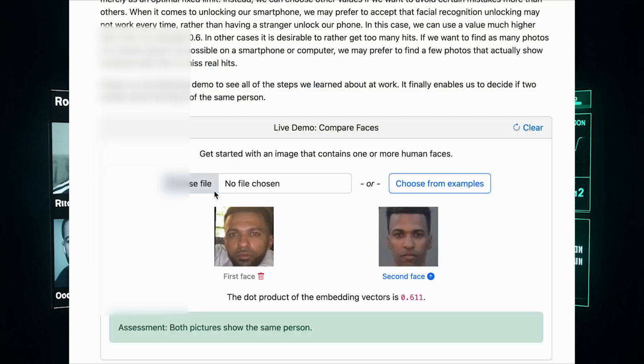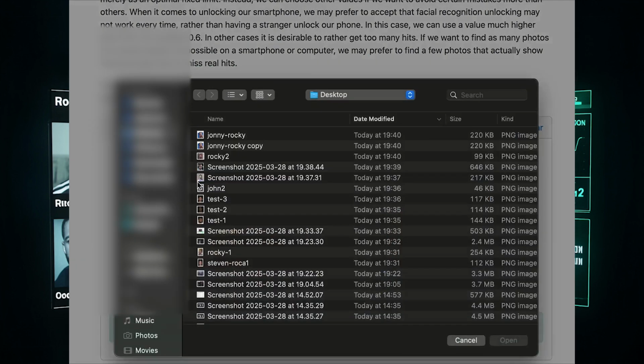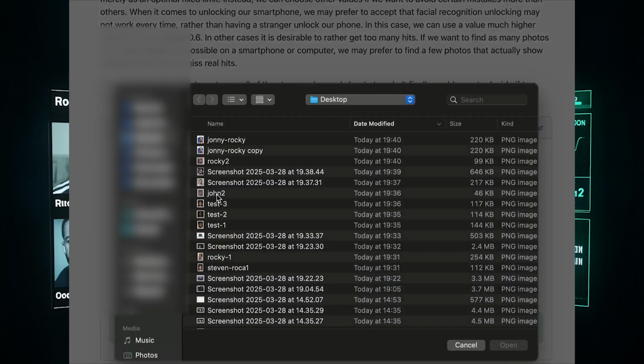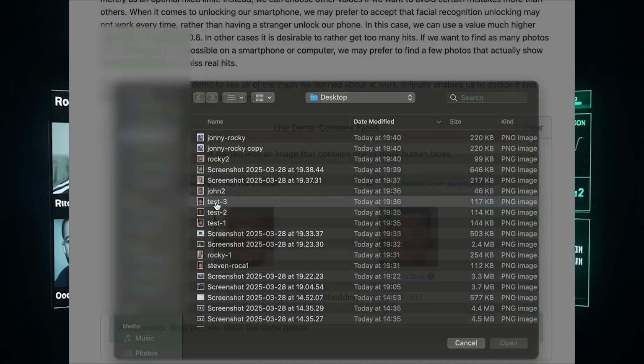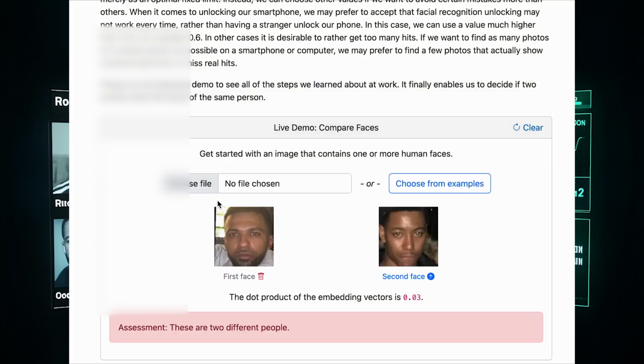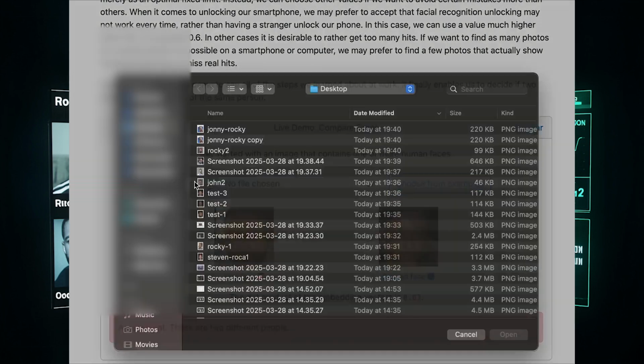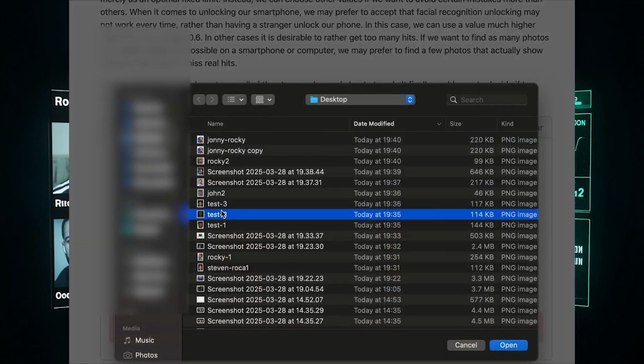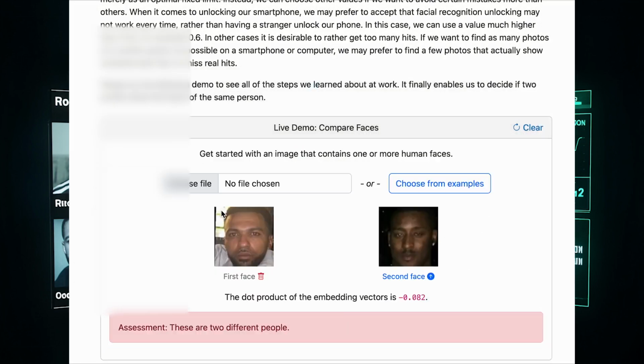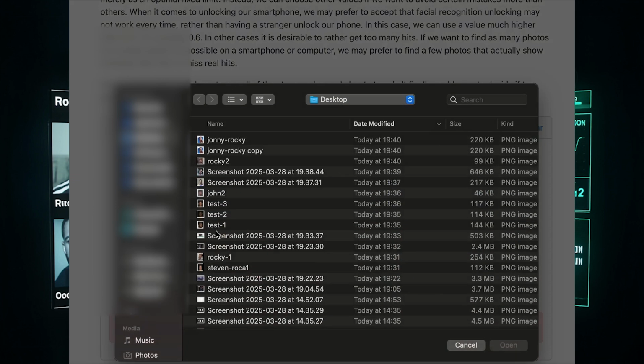What's really telling is that when we compare different photos of Rocky to each other, the score comes out around 0.6, which, as we said earlier, is strong enough to unlock a phone, but not identical. But when we compare Rocky's photos to known images of Steven Rocas, we consistently get scores above 0.6, while comparisons with other individuals stay clearly below that mark.